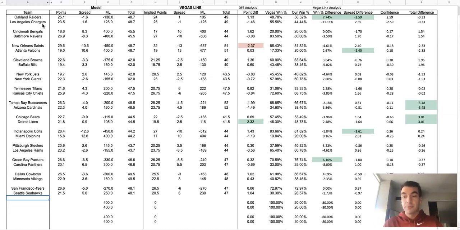I think it's probably more of a season average, so I think the Raiders have a great chance to win. We have a 7.74 win percent difference between us and Vegas. I do think Oakland wins this game, and I think it's a great spot to start the weekend off right.